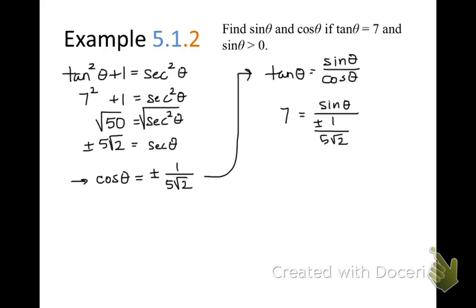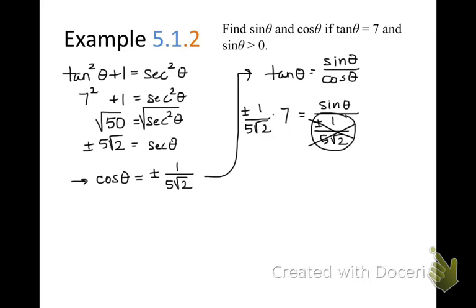And so what I can do is get rid of all of this by doing what? Multiplying it up here. And so that will get rid of it down here.